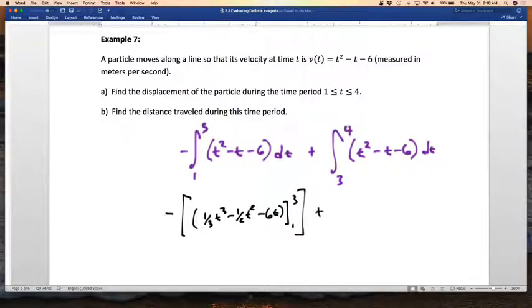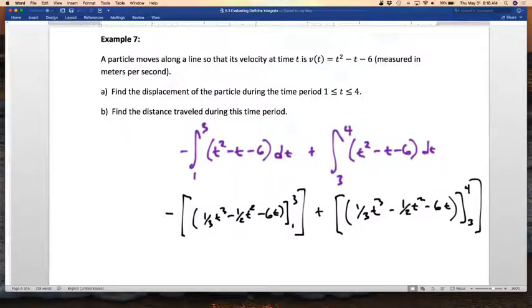And so we're going to take that integral from 1 to 3 and take its opposite value. Now we're going to take the integral from 3 to 4. So it does become, like I said, more involved, but not necessarily more complicated.